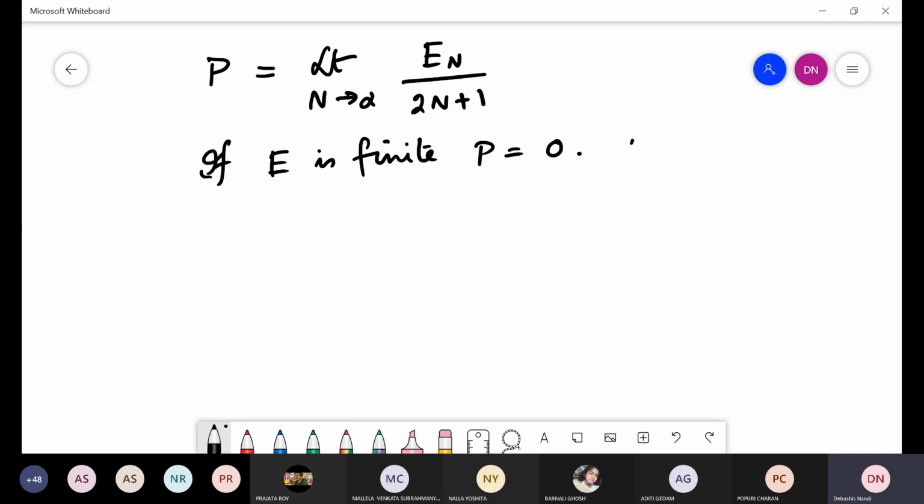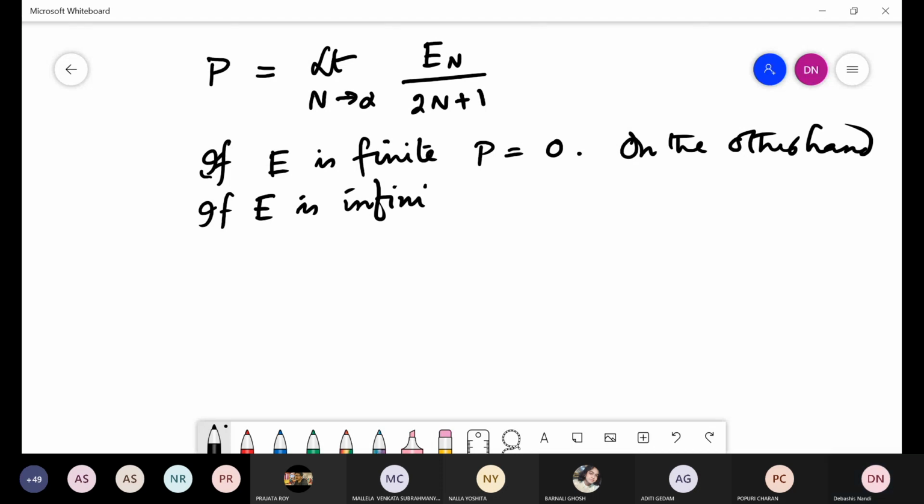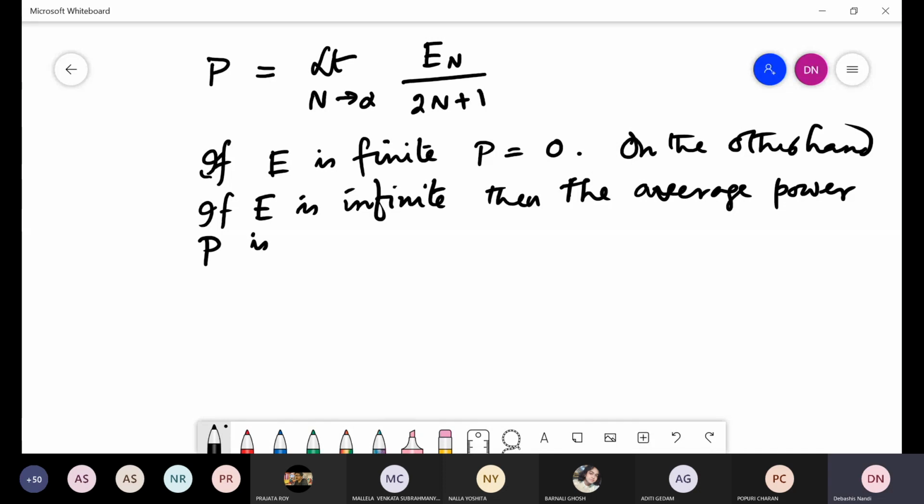On the other hand, if E is infinite, then the average power P may be either finite or infinite.